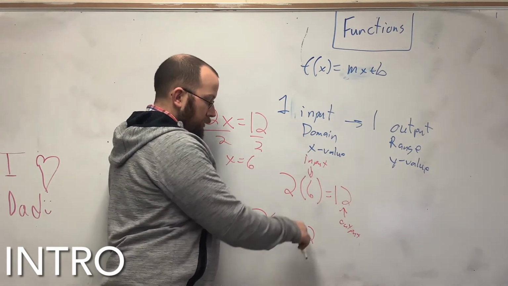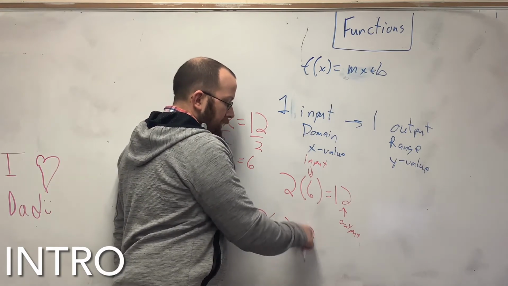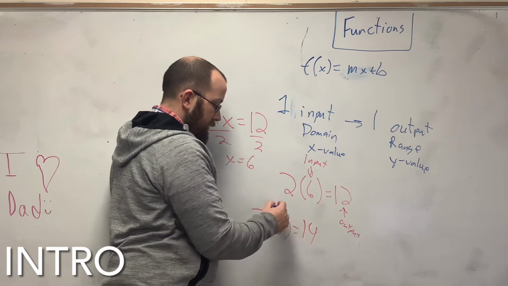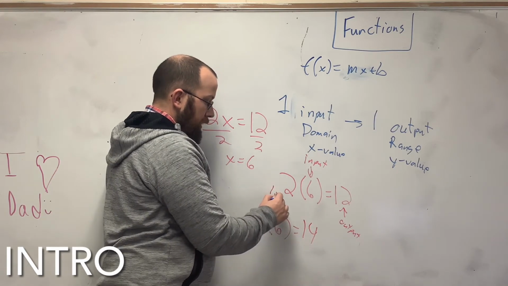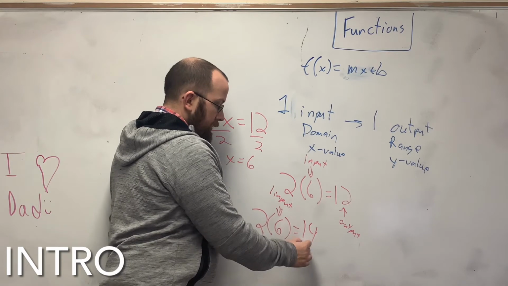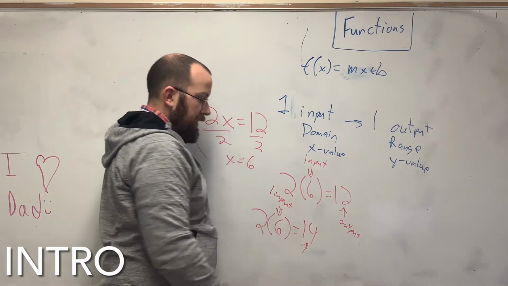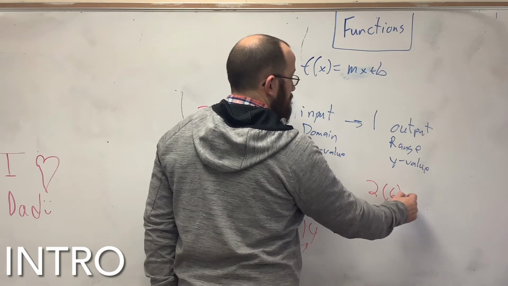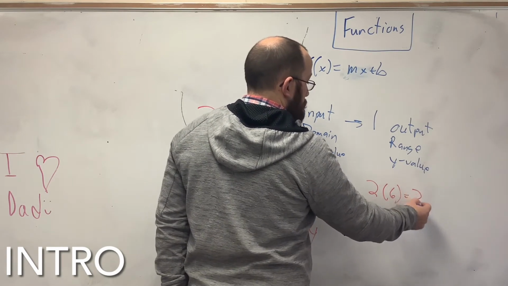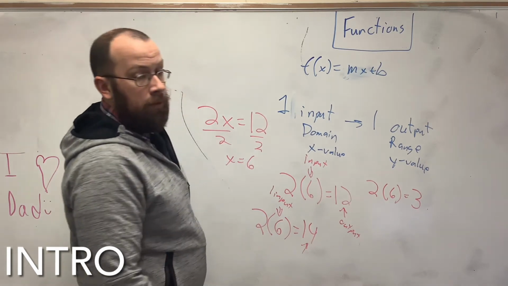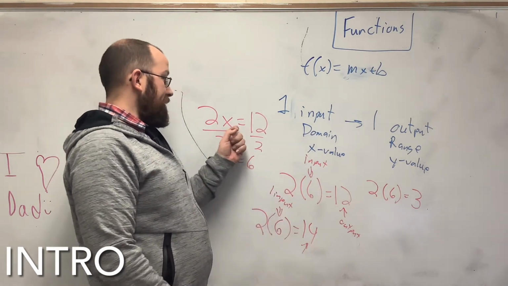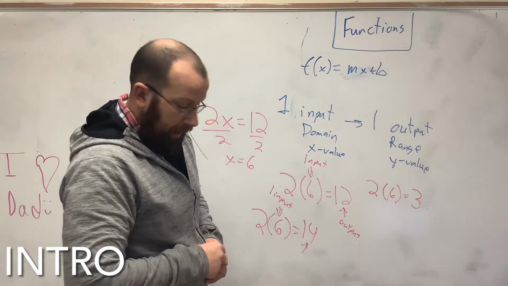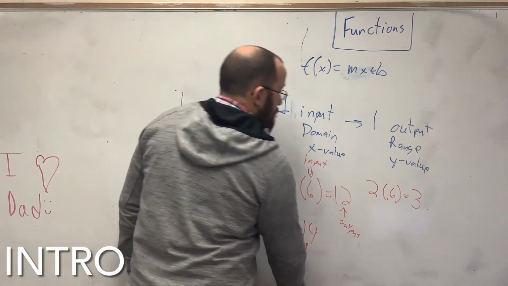Or this time I'm going to put in 6 and get 14, one input, and that is a different output. Or 2 times 6 is going to give me 3. No, every time I put 6 in here, I'm going to get 12. Every time.